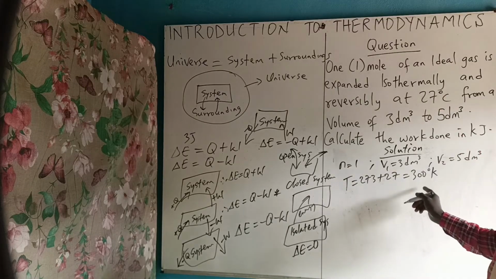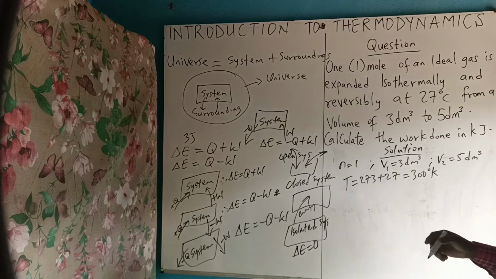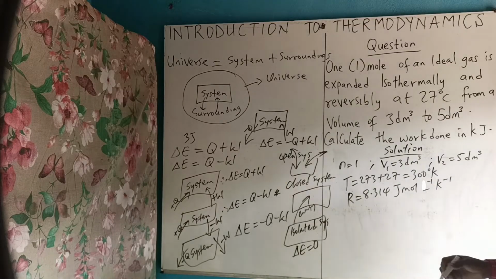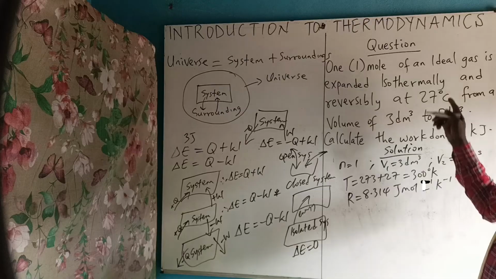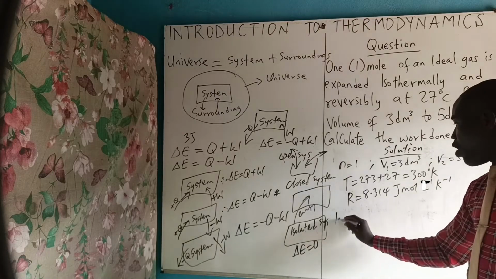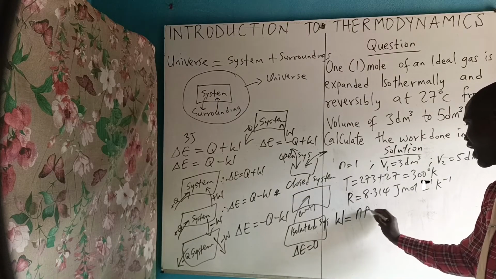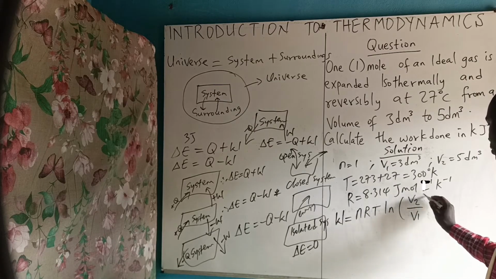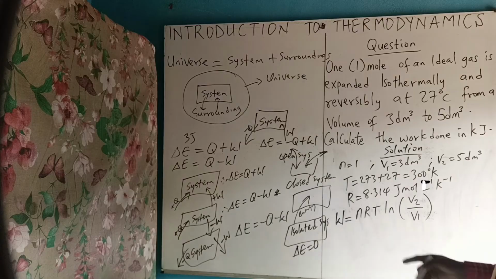We must convert the temperature to Kelvin because that is the SI unit of temperature. Having noted this, you have to recall that work done is equal to nRT ln V2 over V1.